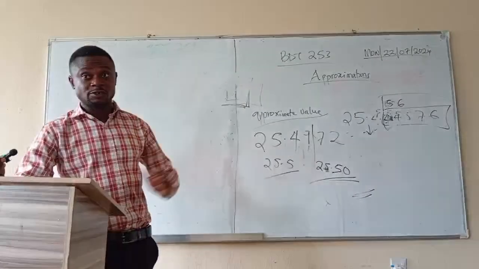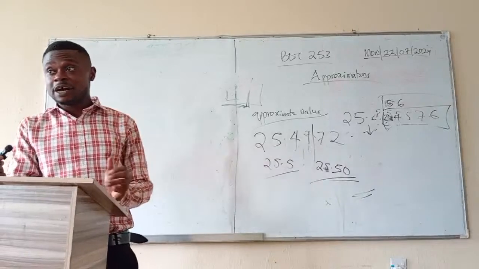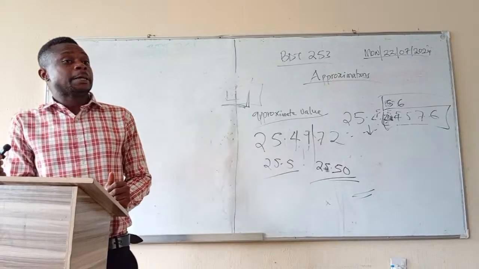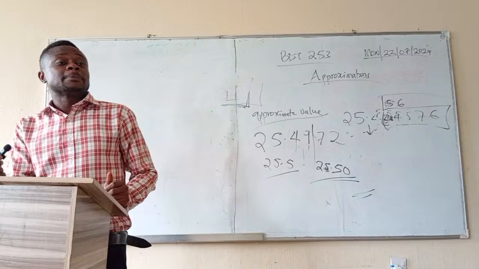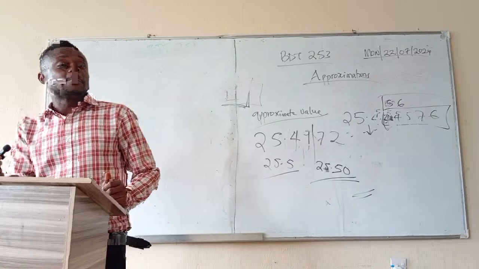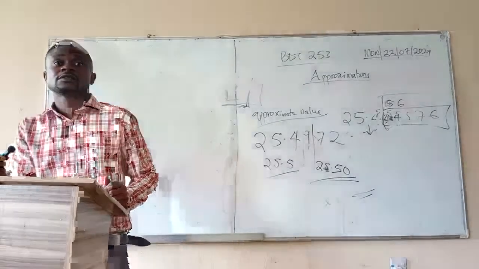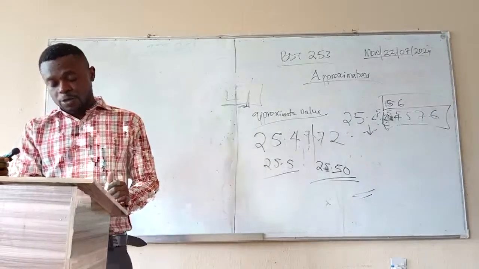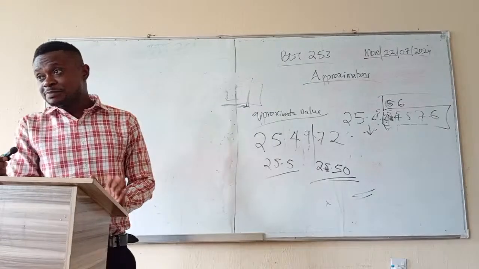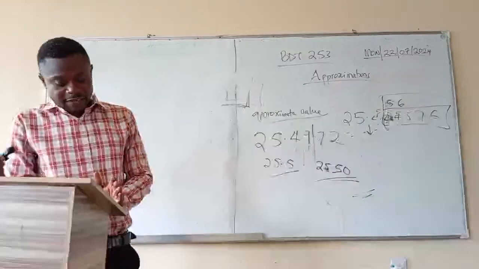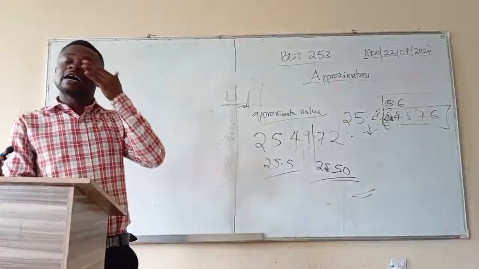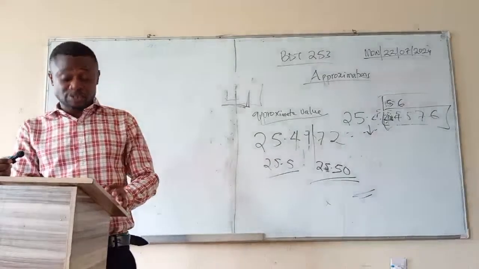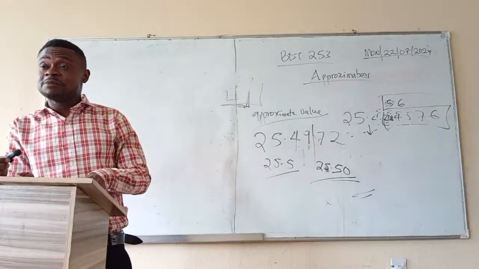So we have one that is based on decimal place, we have significant figures, we have place value, and we have estimation.